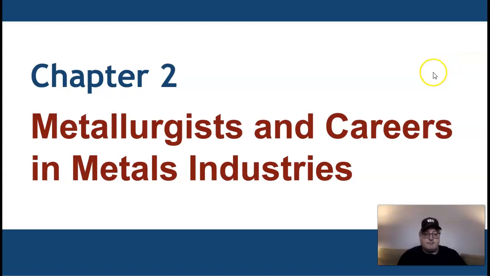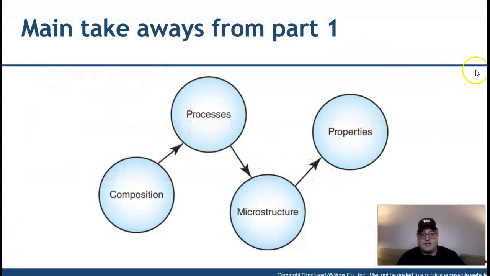All right, so this is part two of the chapter two lecture on metallurgists and careers in the metal industry. Just as a quick review, what we're talking about is taking different compositions of elements and melting them together at different percentages.